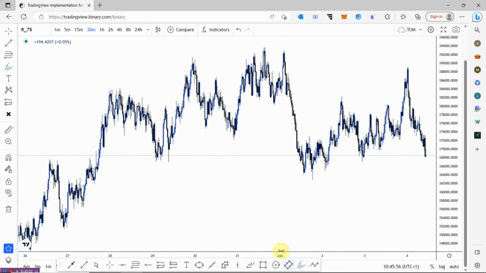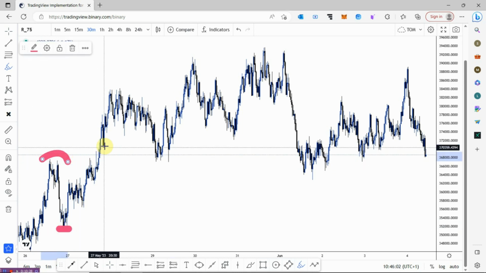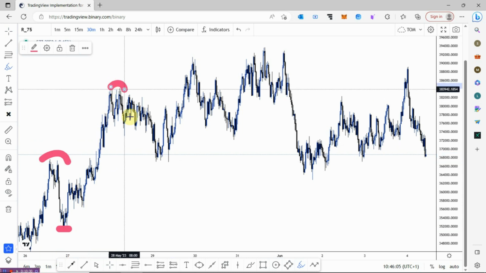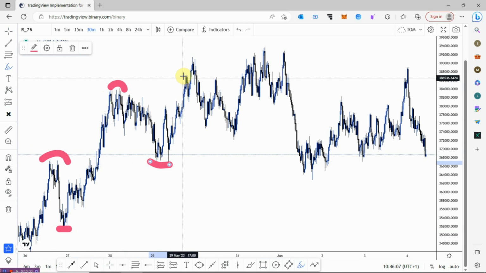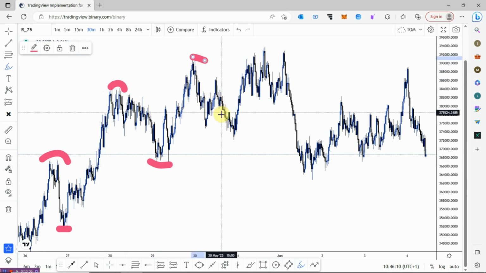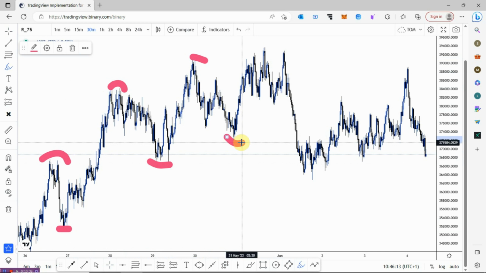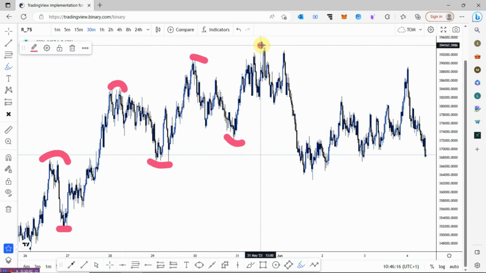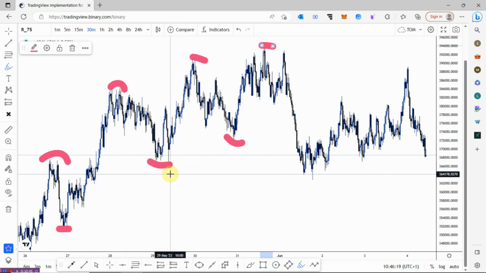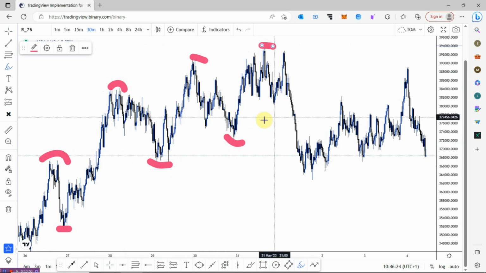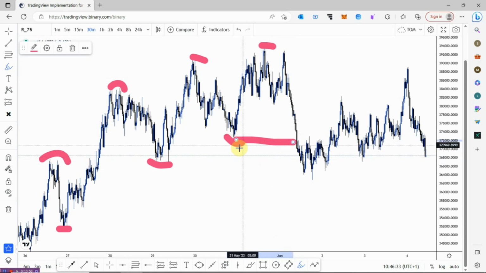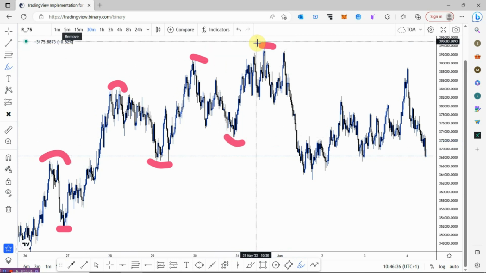We had a higher high, then a higher low, so we're supposed to have a higher high over here, and we had a higher high over there. So if this is broken, we have a change of character. But let me show you one secret over here.